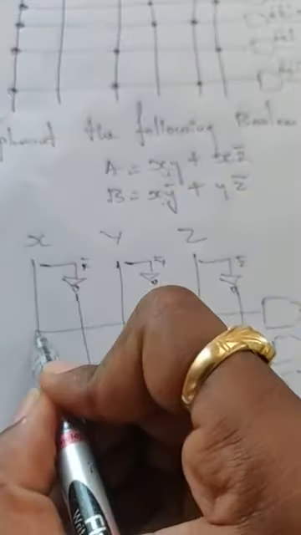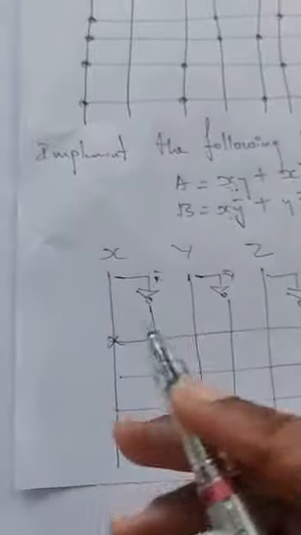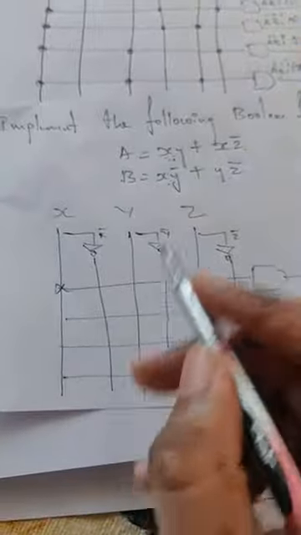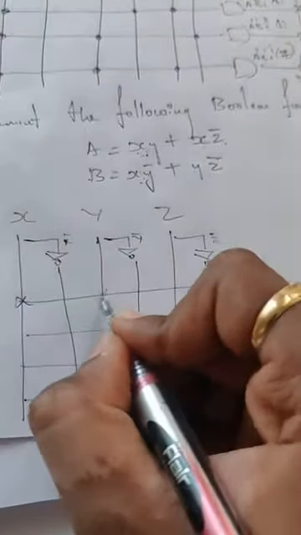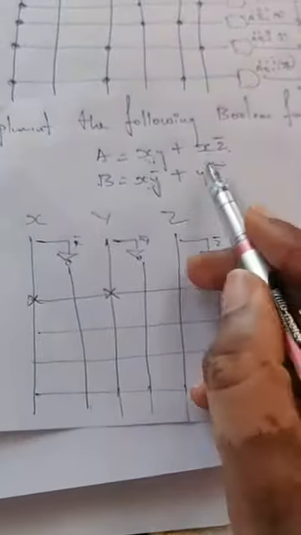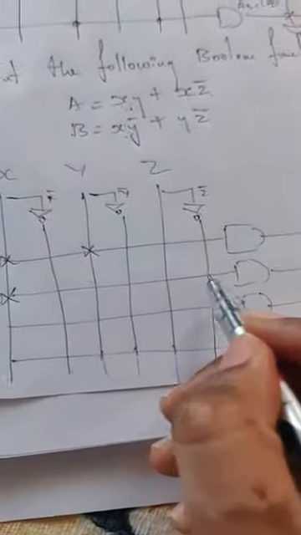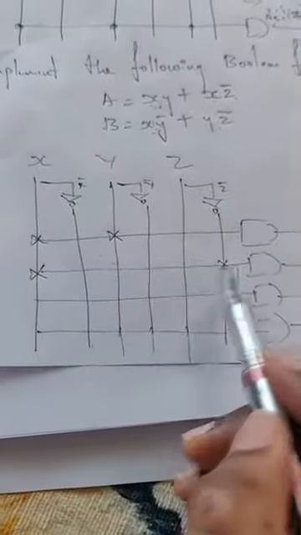Okay, B. So what is x, y? Where is x? X is here. Mark x because this is feasible. X, y. Then x, z bar. This is x, z bar. So this is x, y and this is x, z bar.